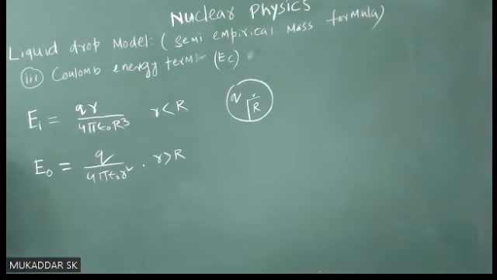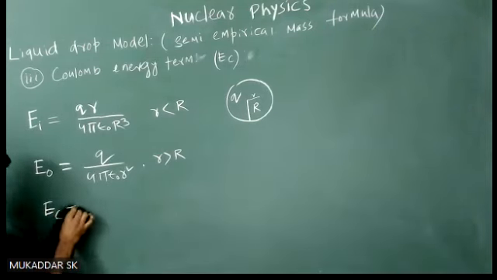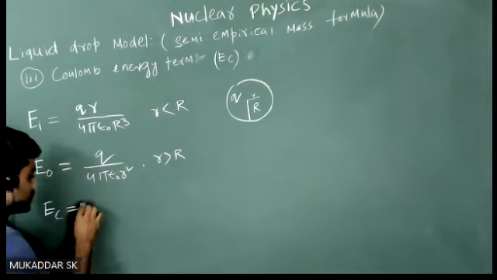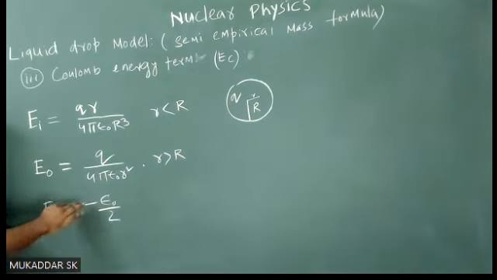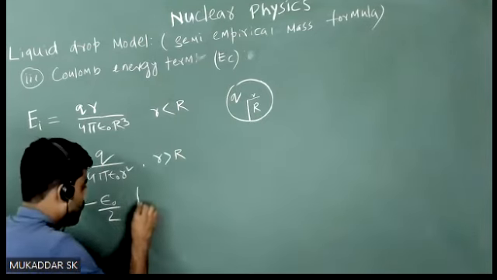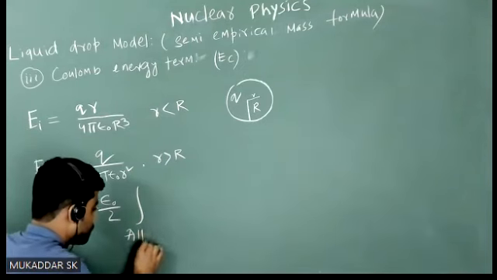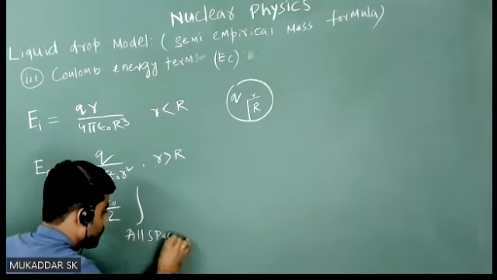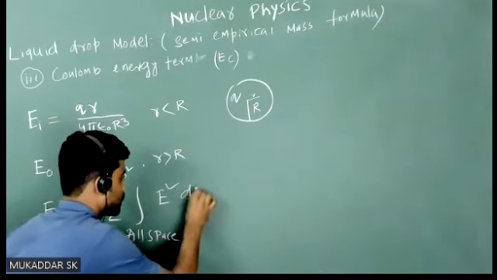So the formula for the electrostatic energy, the Coulomb energy, E_C, will be minus epsilon naught by 2, minus because it is basically decreasing the binding energy of your system. Then you have the integration over all space of E square d tau.